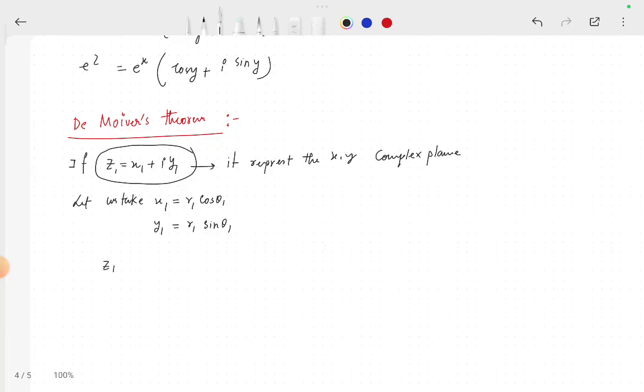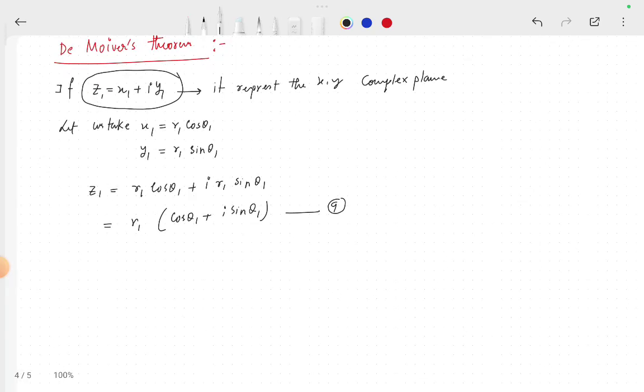So z1 is equals to r1 cos theta 1 plus i r1 sin theta 1. So that is equals to r1 taking common, cos theta 1 plus i sin theta 1. That is equation number 9. I hope you understand. Similarly, z2 can be written as r2 (cos theta 2 plus i sin theta 2).